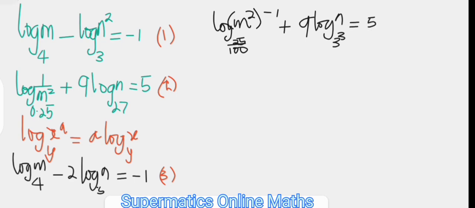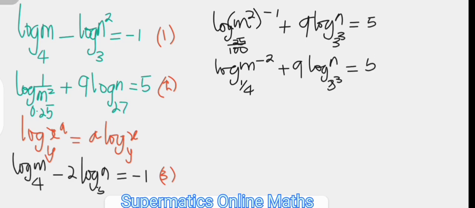Simplifying further, we have log m raised to power minus 2 to base 1 over 4 plus 9 times the logarithm of n to the base of 3 raised to power 3 equals 5.